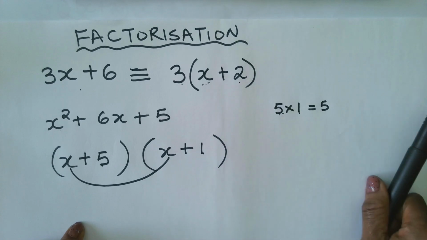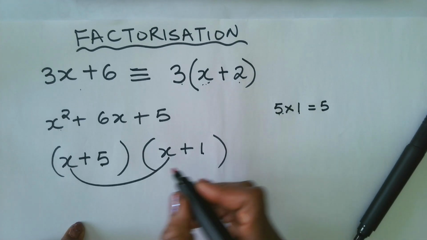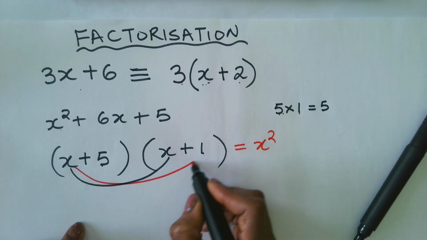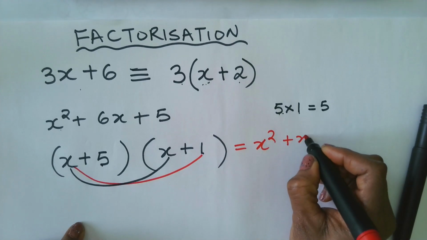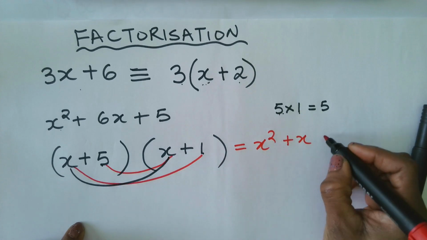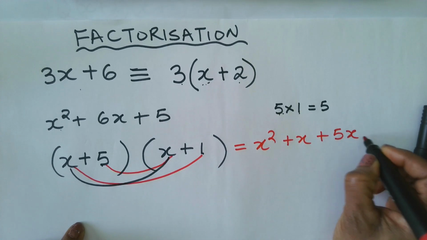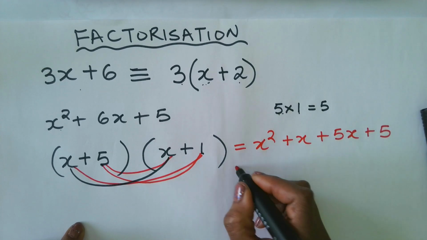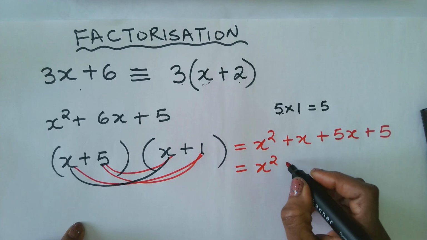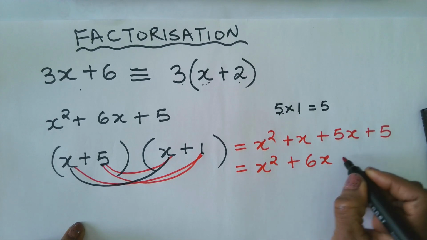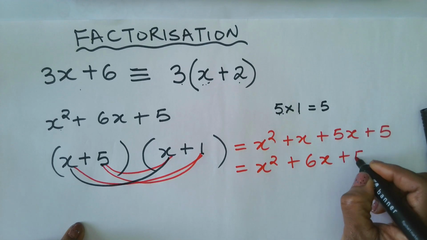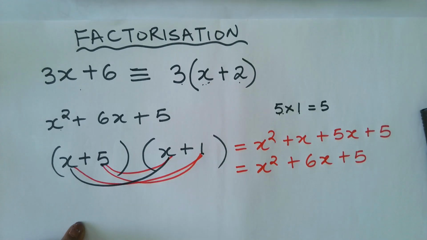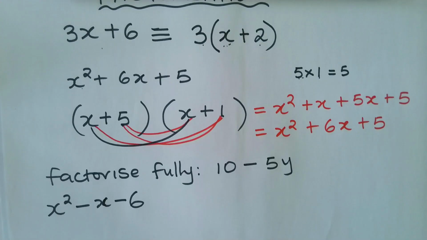So we have x times x will give me x squared, x times 1 will give me plus x, 5 times x will give me plus 5x, and then 5 times 1 will give me 5. When I bring the like terms together, I've got x squared plus 6x plus 5. We're back to the original. Okay, we're going to do another example.